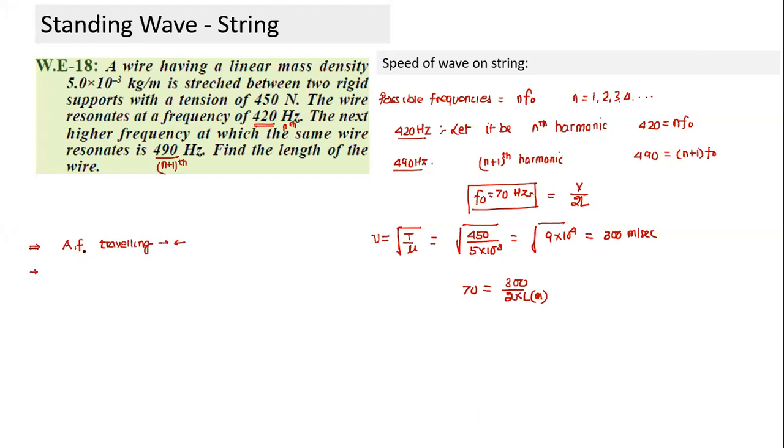How do we find the expression for a standing wave? We simply take the principle of superposition and get an equation of this nature. After we apply the fixed end condition, we get something like this.